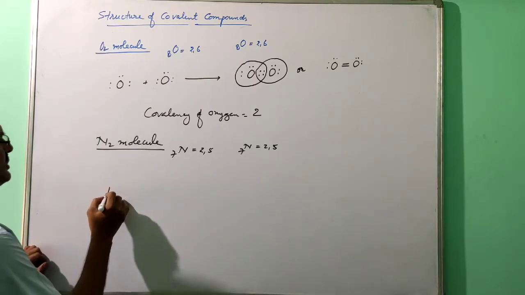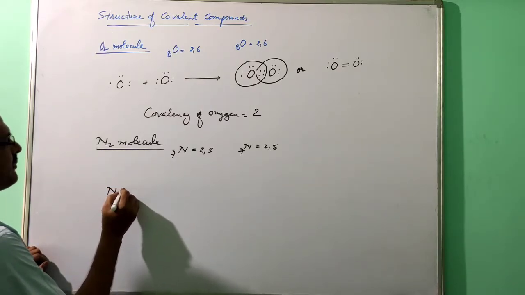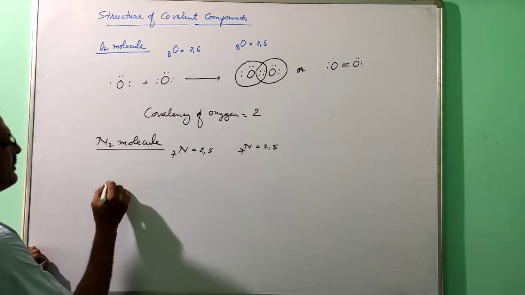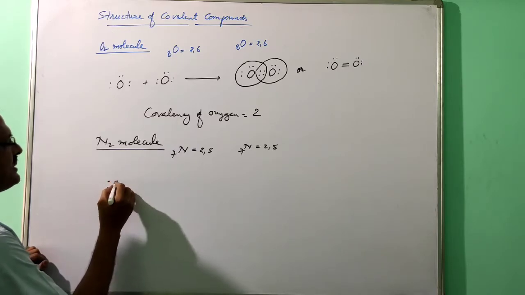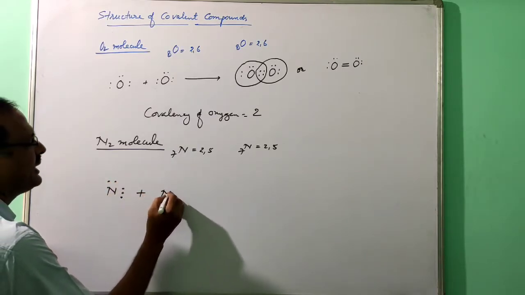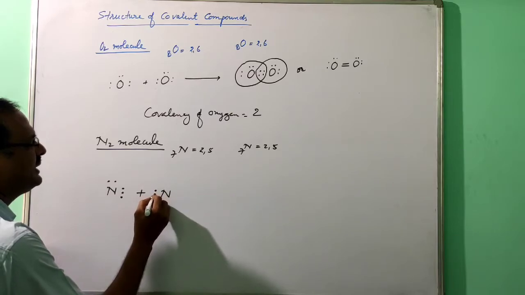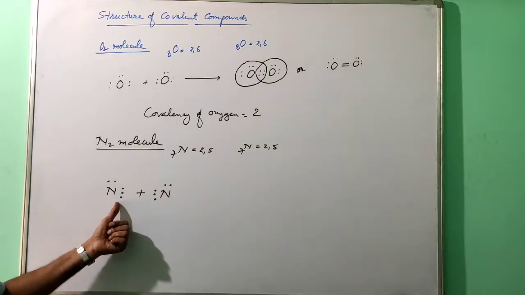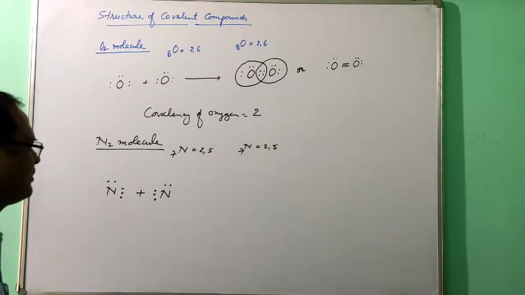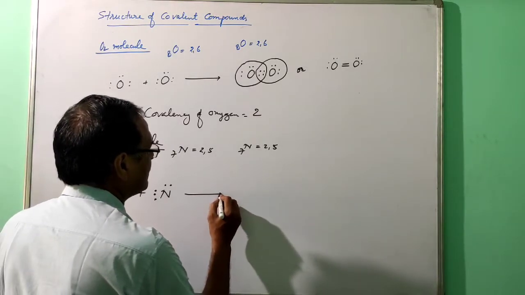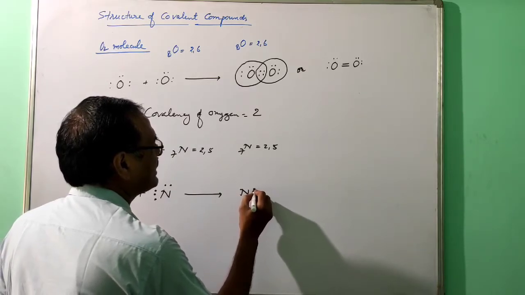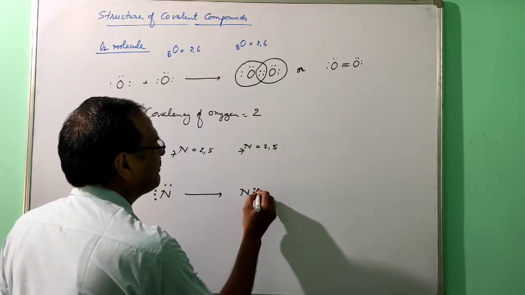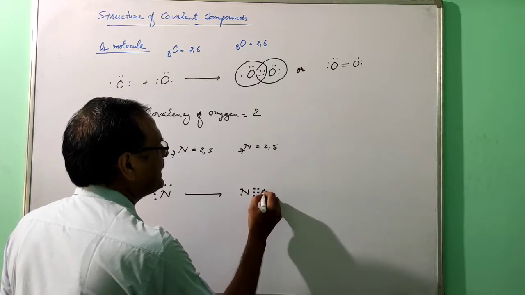So this nitrogen gives 3 electrons from the right of this symbol, and from the other nitrogen atom 3 electrons from the left of this symbol. So 3 electrons from this nitrogen, 3 electrons from that nitrogen. This will become common, so they will come in the form of shared pairs of electrons.